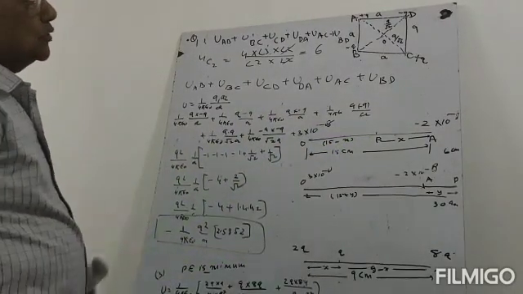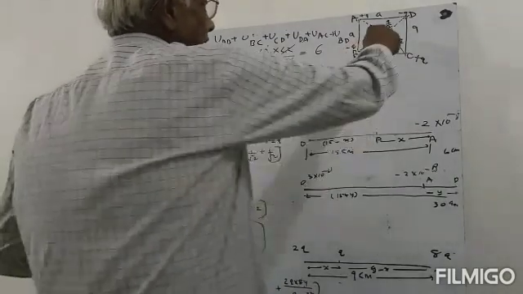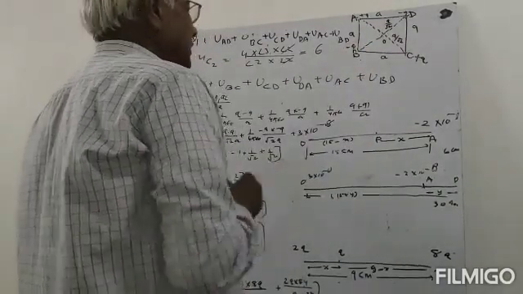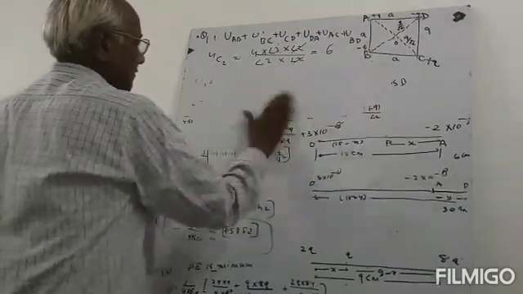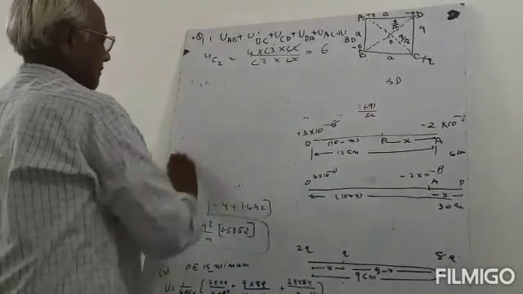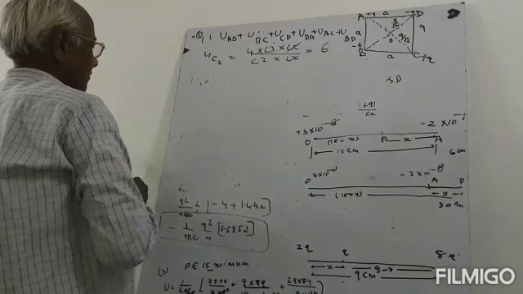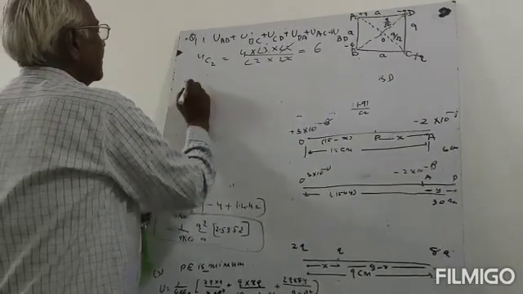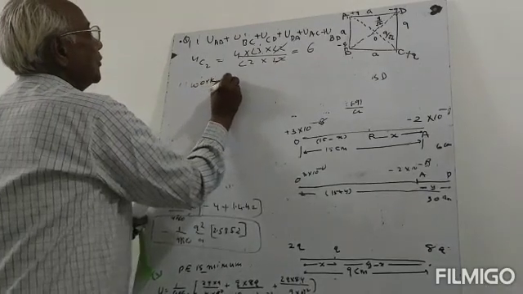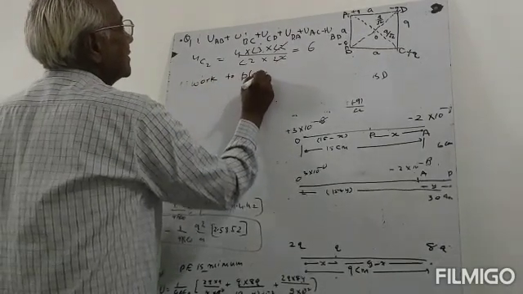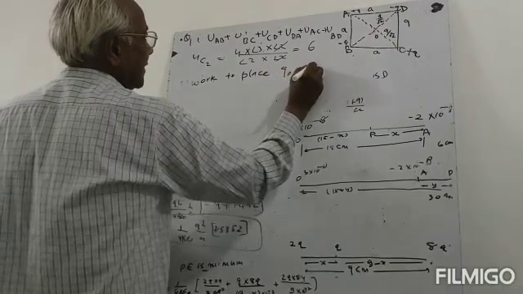Now if we want to place any charge Q0 at the center, then what will be the work done? We have to find the work done to place Q0 at center.